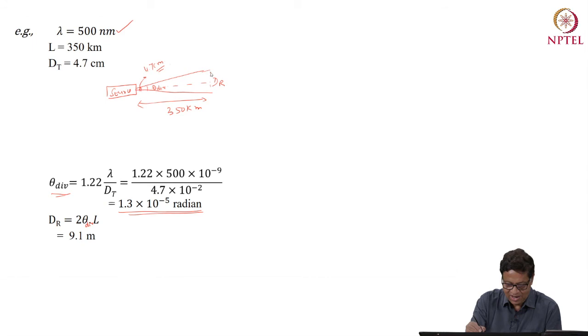And so what you get here is a 9.1 meter beam width, beam spot. So just to give you some idea about this. So if you want to get less dr, for example, you have to decrease theta divergence. For decreasing theta divergence, you have to increase the dt. So this is all trade-off here.